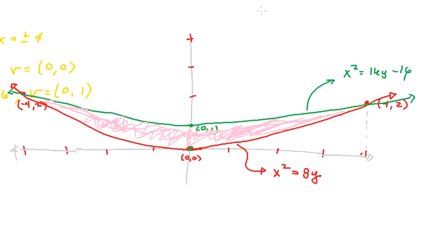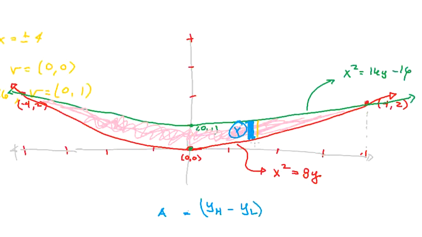So how can we find the area? We need a strip. Let me use another color. Say this is our strip with a length which is equal to y, wherein our y here is equal to the upper y minus the lower curve.